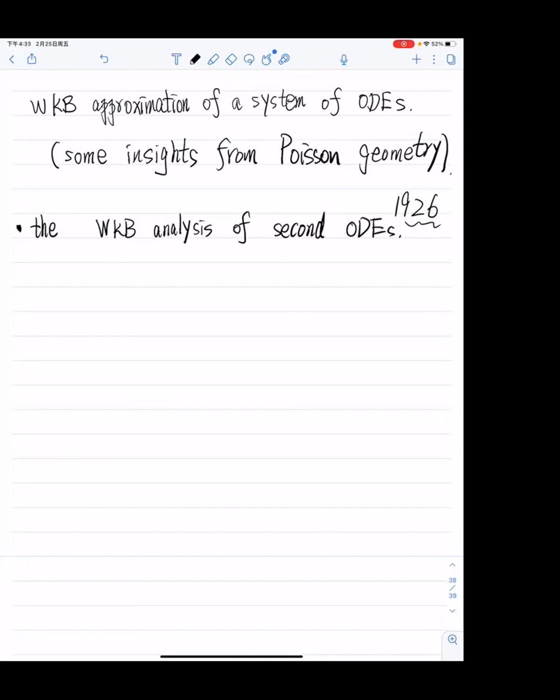And later on, around the 1980s, Voros incorporated the Borel resummation method into this formal WKB method to introduce the so-called exact WKB analysis.